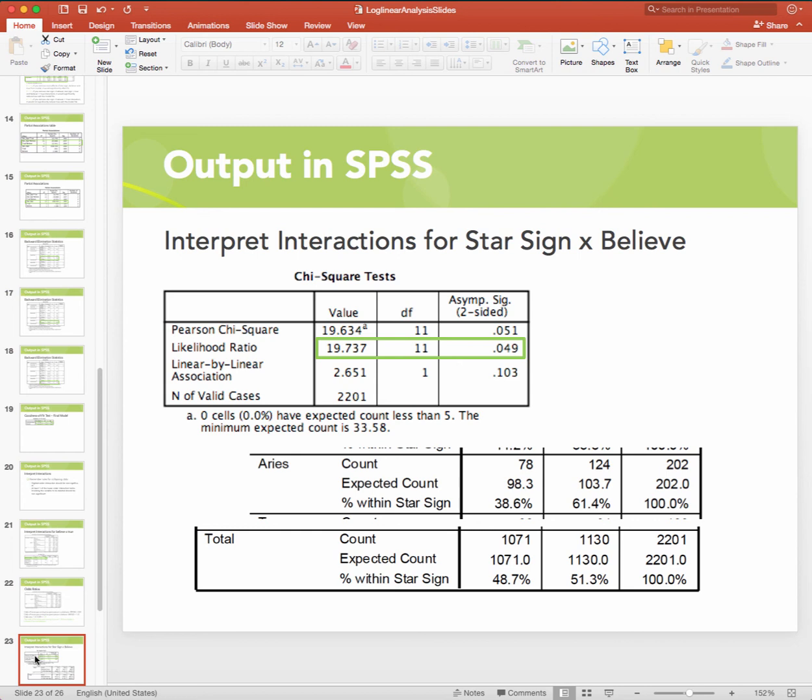And in most of the signs, when you look at the contingency table, there's like a 50-50 split of our believers and our non-believers. But it's only in the Aries that you notice that we're about a 30-60 split or a 40-60 split. And it's probably this difference that's going to be the most contributing to the effect that we see on star sign.